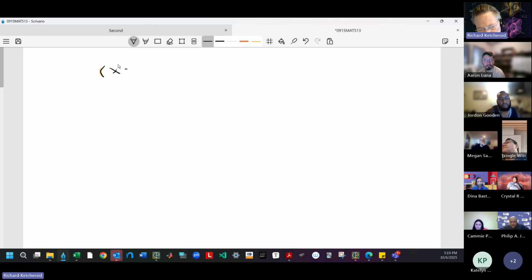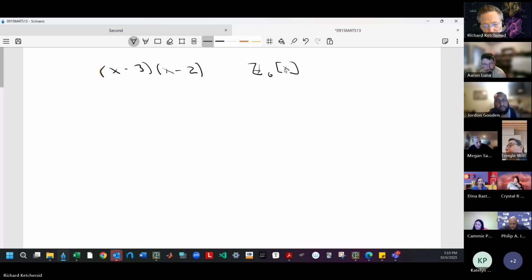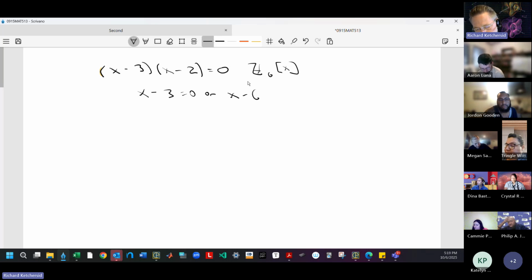When we factor something like this, right, in a ring, so say in Z6, together with X, right? And we want to solve this, right? You can't just say, well, this is equal to 0 means that X minus 3 equals 0, or X minus 2 equals 0.